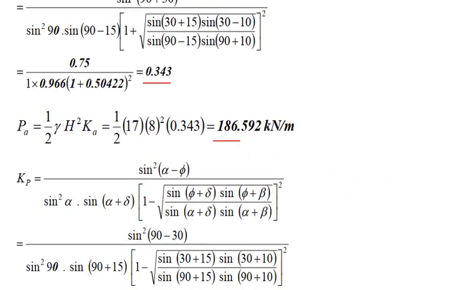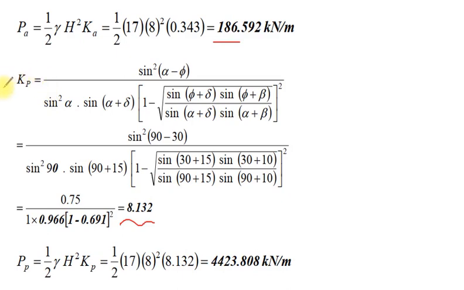To compute the passive force, first compute the coefficient of passive earth pressure, K passive, with alpha equal to 90, phi equal to 30, delta equal to 15, and beta equal to 10 degrees, using the Coulomb expression with the square root of sine (phi plus delta) sine (phi plus beta) divided by sine (alpha plus delta) sine (alpha plus beta).